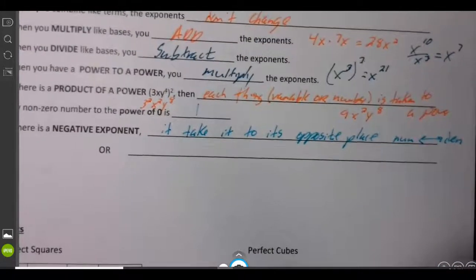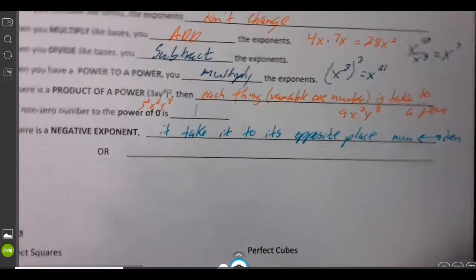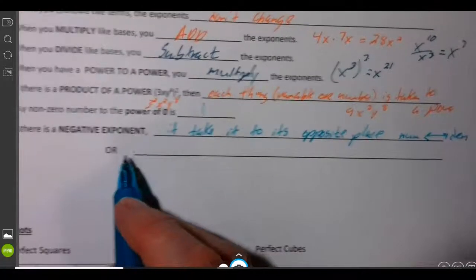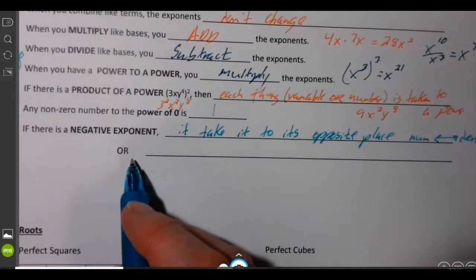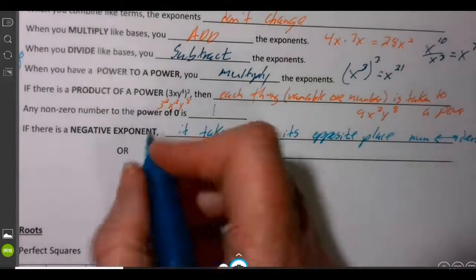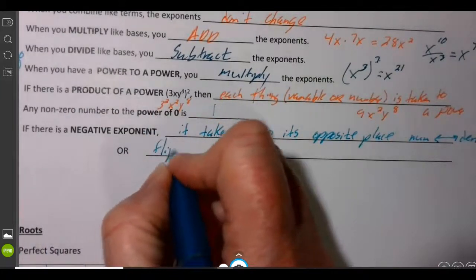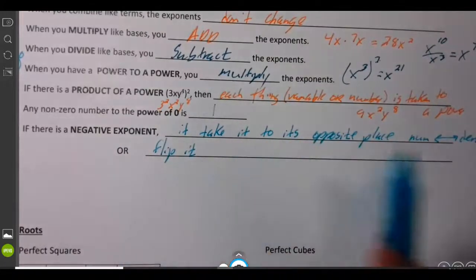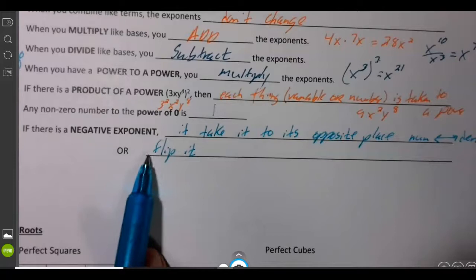That's how I usually say it. It goes to its opposite place. The other thing you can remember with it is that I can just flip it.